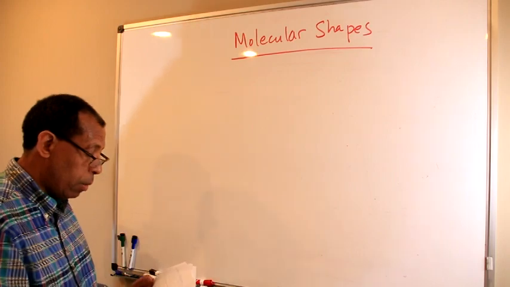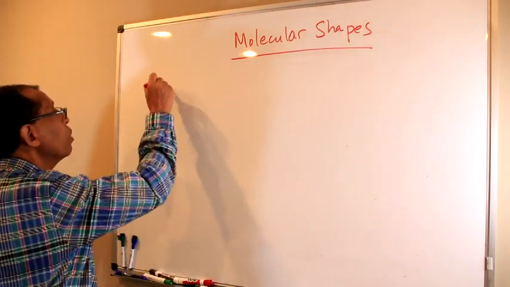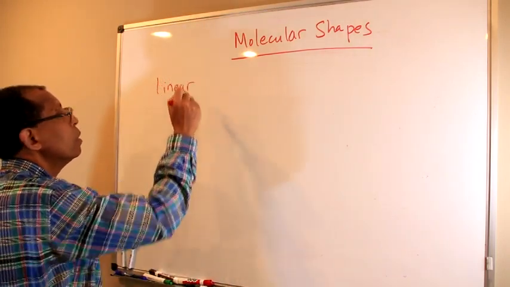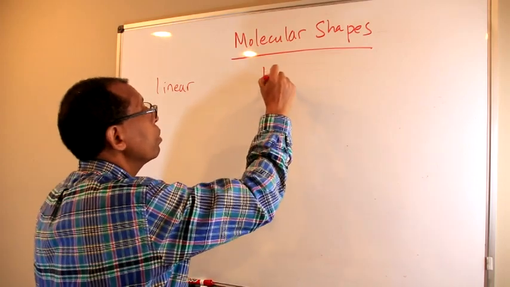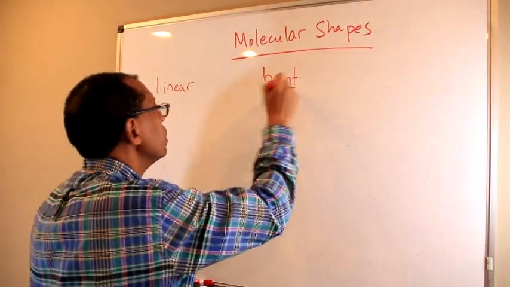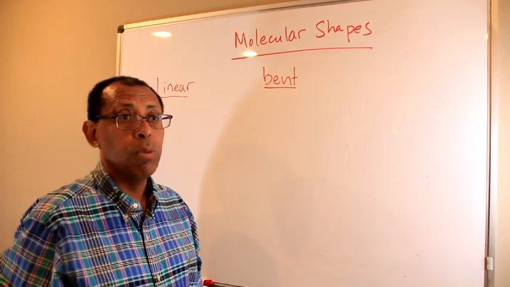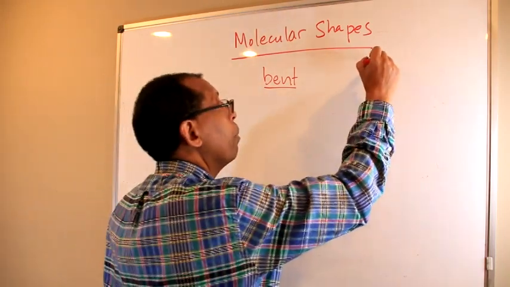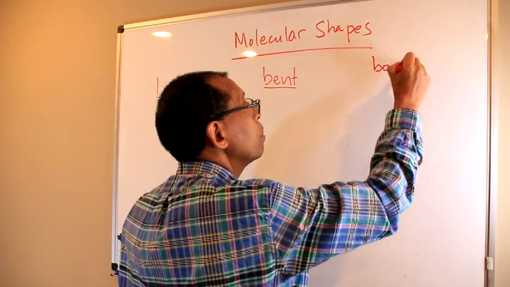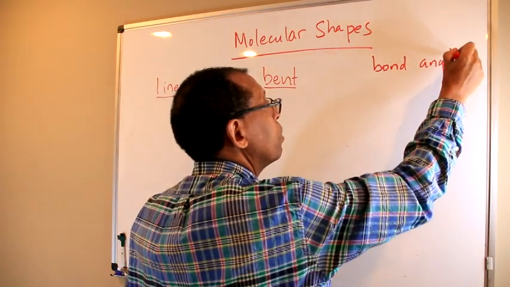So as you know, there are linear molecules, there are bent molecules, and we also need to understand from the point of bond angle. This is another property.